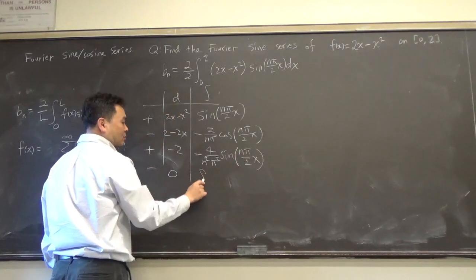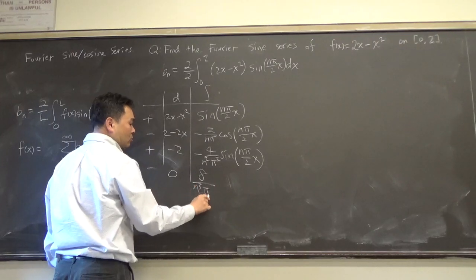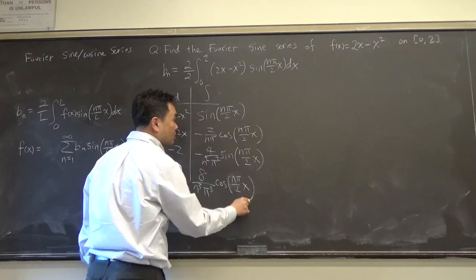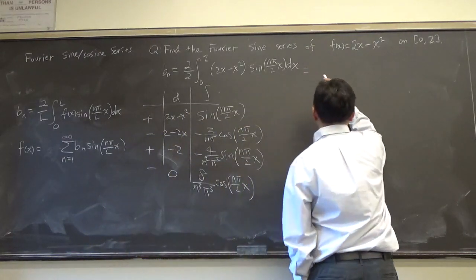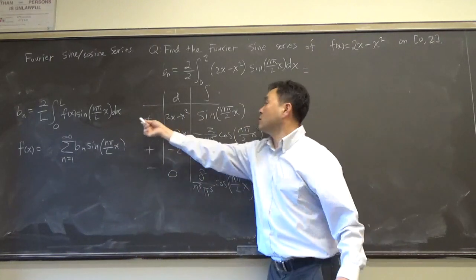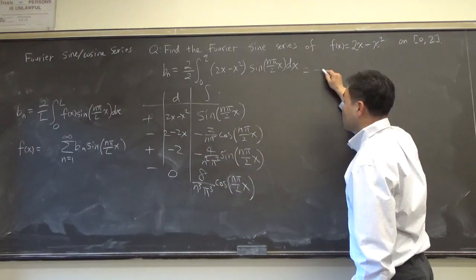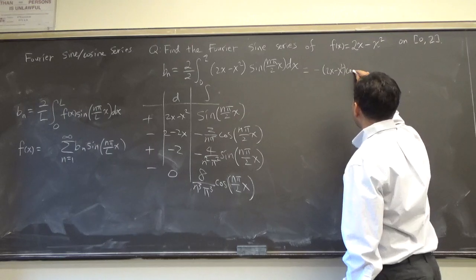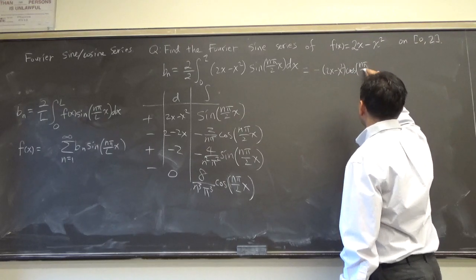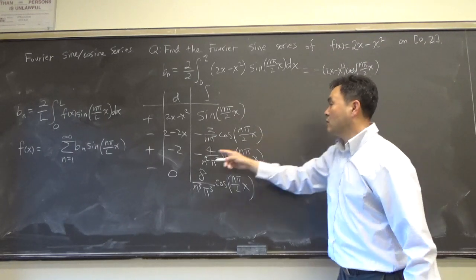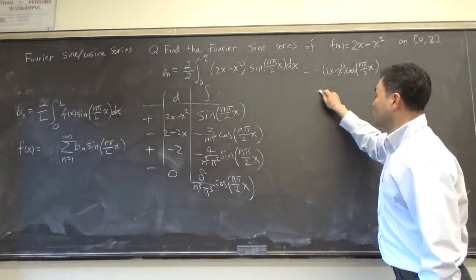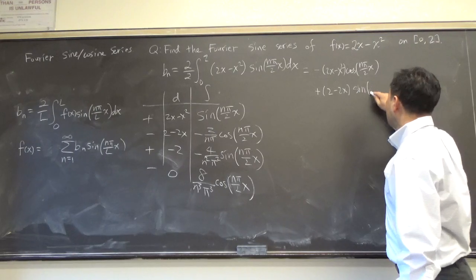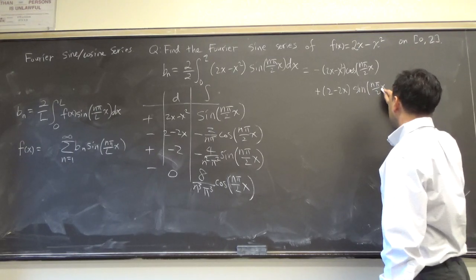Integrate again, it's positive 8 over n cubed pi cubed cosine(n pi over 2 x). So this integral would be, you go across like that, negative (2x minus x squared) cosine(n pi over 2 x). And then you go across like that, that's plus (2 minus 2x) sine(n pi over 2 x).